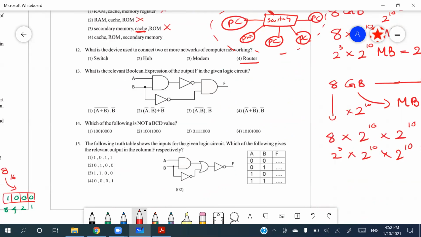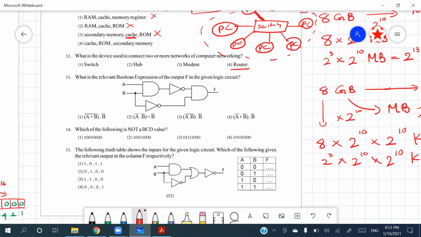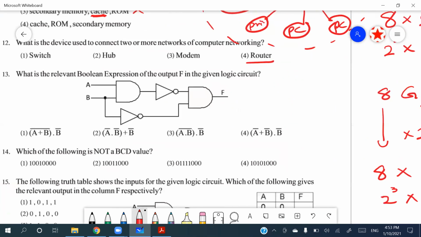And in the 13th, they're asking what is the relevant Boolean expression of the output F in the given logic circuit. So you have to see what's happening inside the circuit. If this is A, you are going to receive A over here as well.